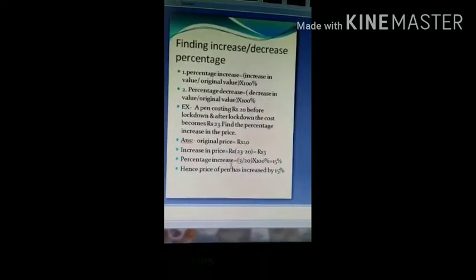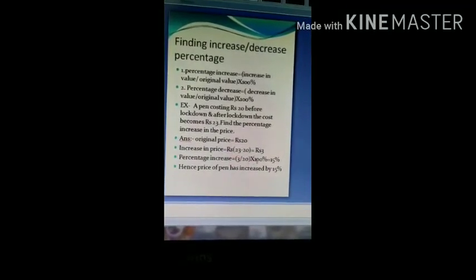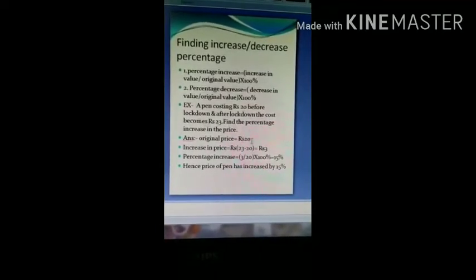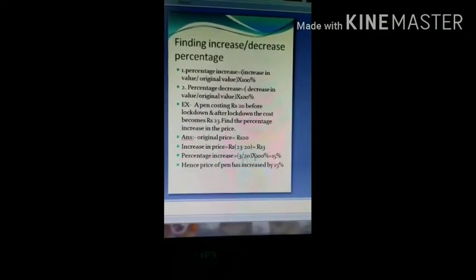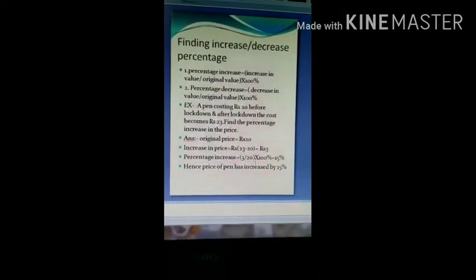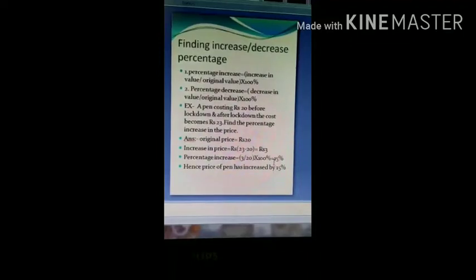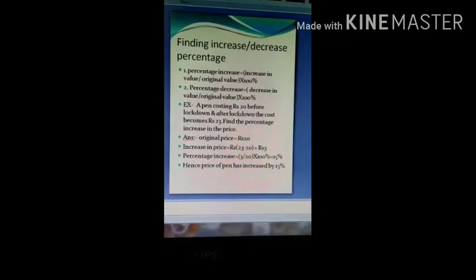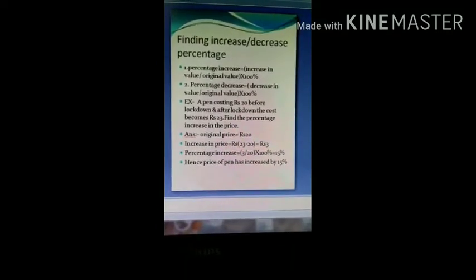Hence the percentage increase will be 3, the increase in price, divided by the original price, 20, then 3 by 20 into 100%. After calculation we get 3 into 5, that is 15%. Okay. Hence the price of the pen has increased by 15%.